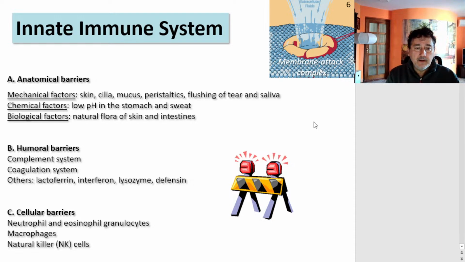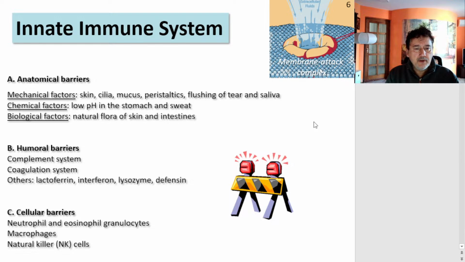The chemical factors are the low pH in the stomach, about pH 2. This is not optimal for bacteria, and also the sweat on our skin makes a pretty low pH, not as low as in the stomach, but still lower than pH 7.